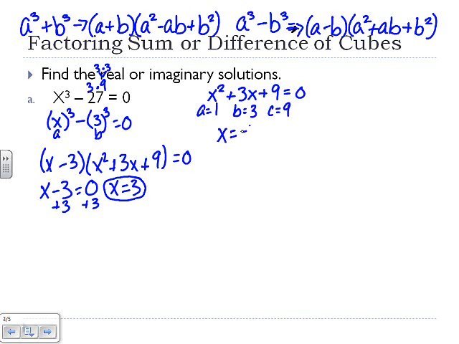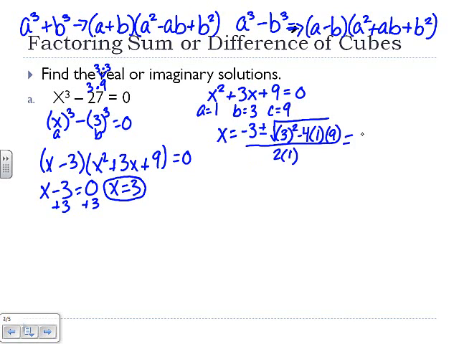x equals negative 3 plus or minus the square root of 3 squared minus 4 times 1 times 9, all over 2 times 1.